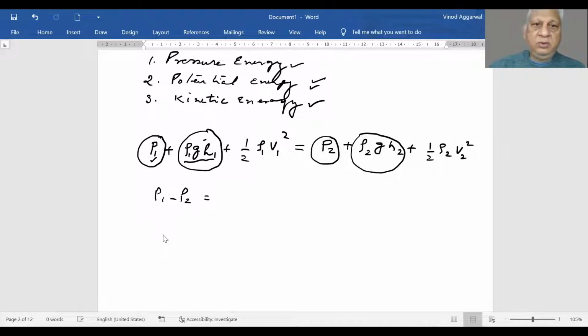If these two terms are the same, then it is purely on account of velocity.